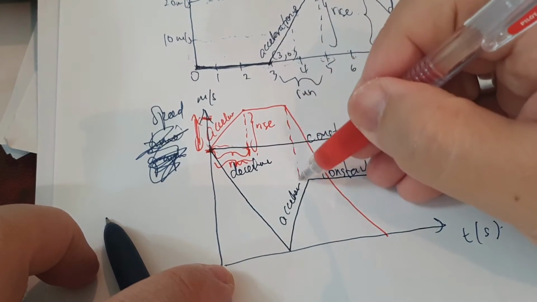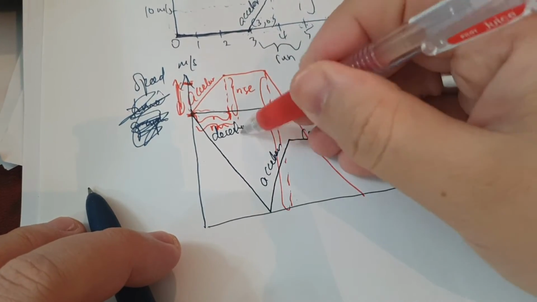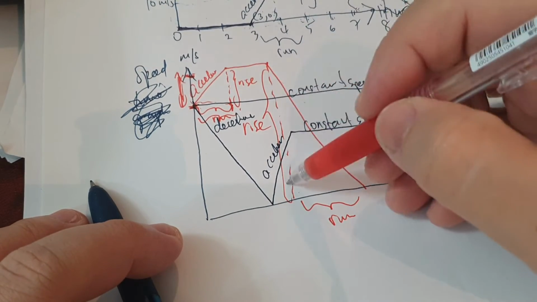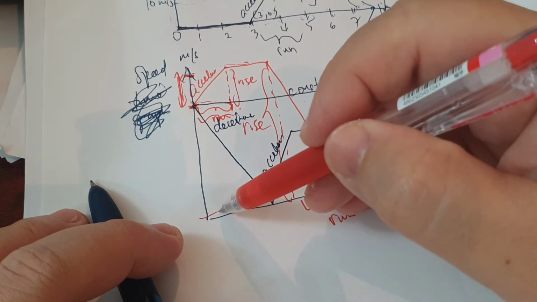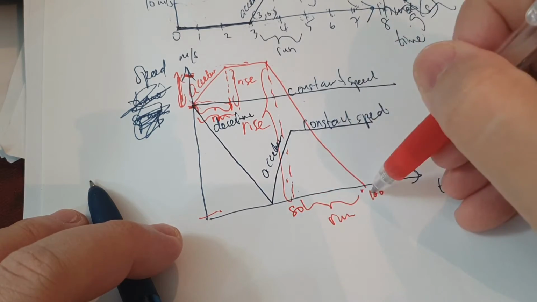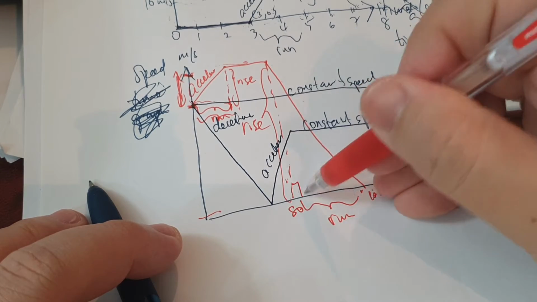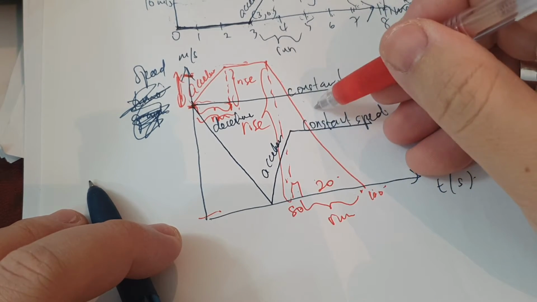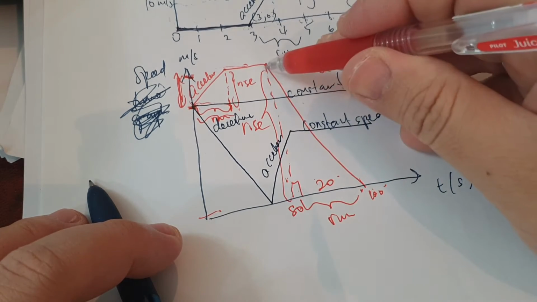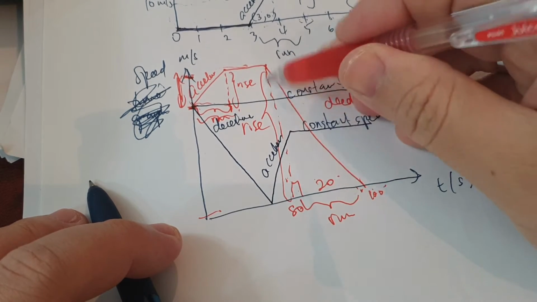If I ask you to find deceleration, you can use this rise over this run, and be very careful. This rise is this minus 0, but if down here the run is from 80 to 100, it's not 100 for the run, it's 100 minus 80, so it's 20. Be very careful. If I ask you for the acceleration here, it will be a negative value.